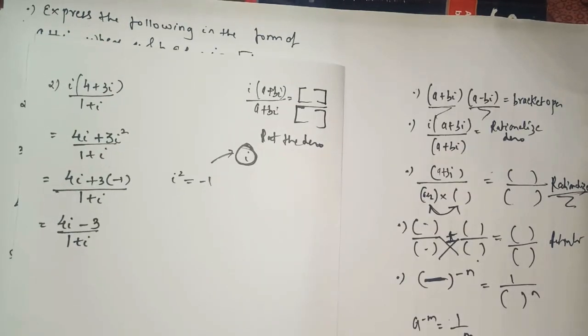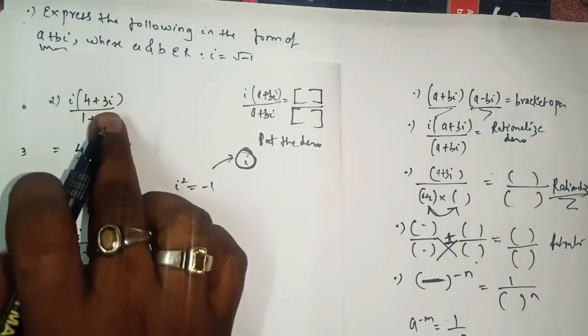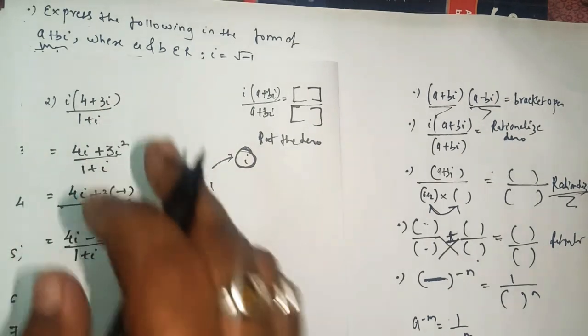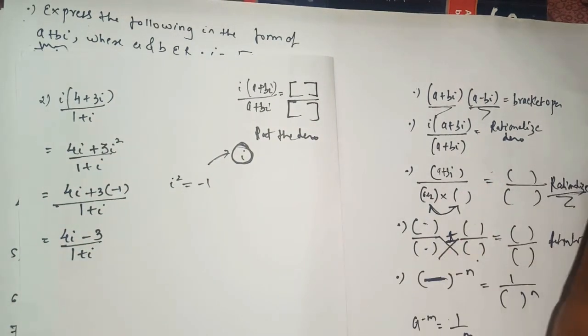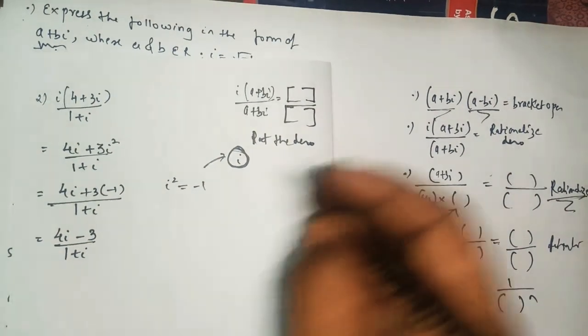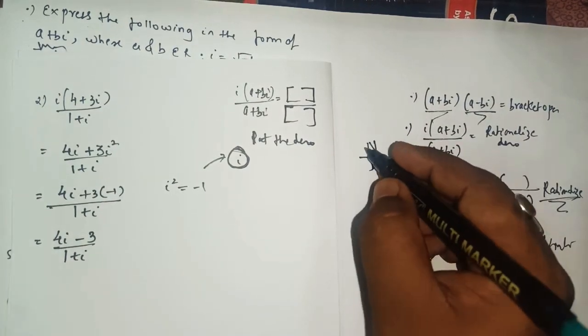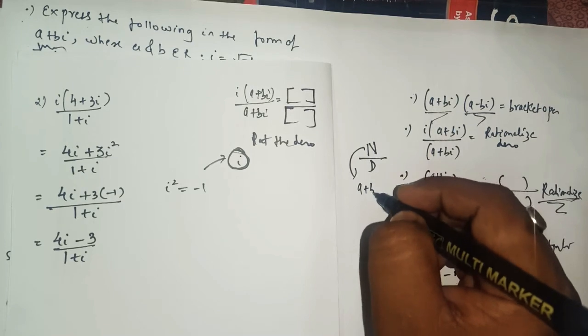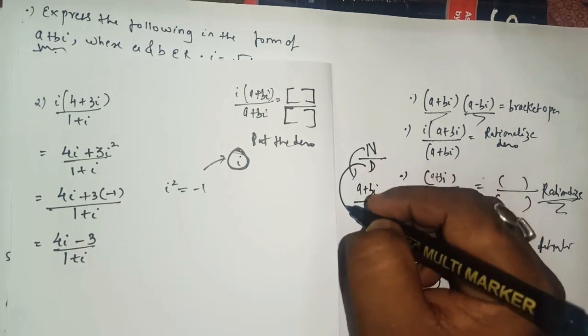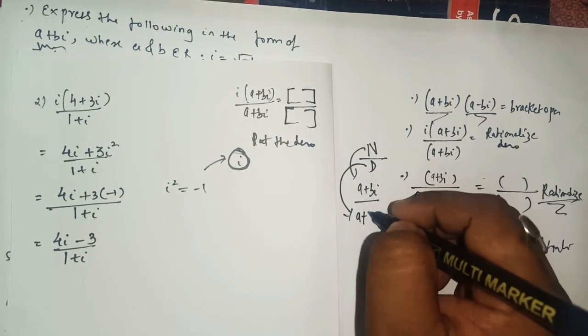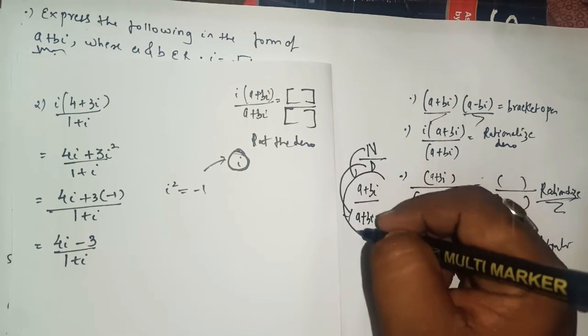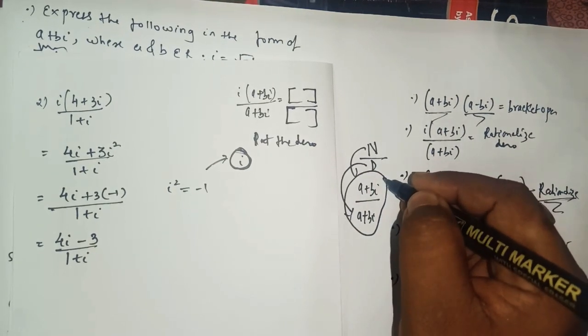As we converted the pattern of the question into this form, remember, whenever you have this form, numerator upon denominator, where the numerator contains the a plus bi format and the denominator also contains the a plus bi format, there is only one single method.